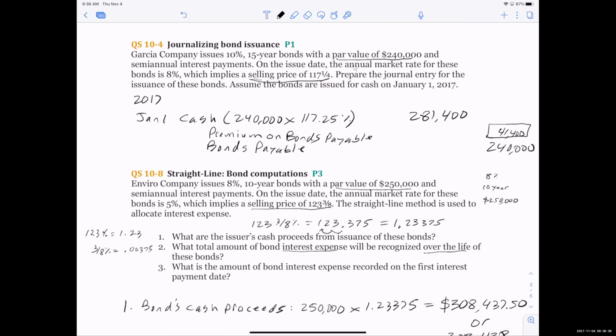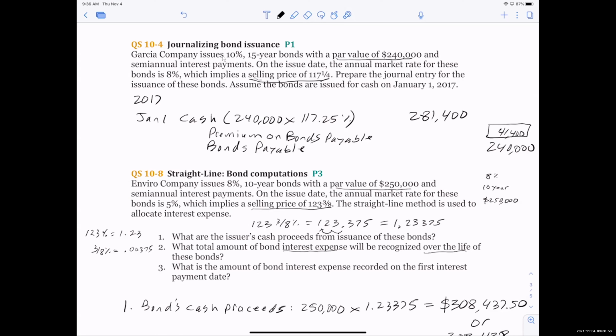In the open market, the annual market rate is 8%. So guess what? We're issuing 10% bonds, but in the open market, you can only get 8%. So I'm sure that the investor goes, we'll take the bond at 10%.